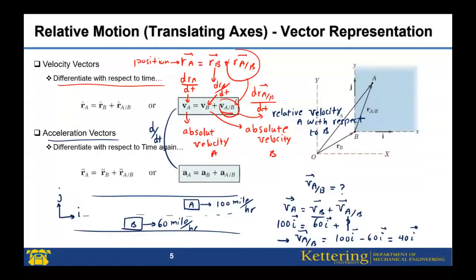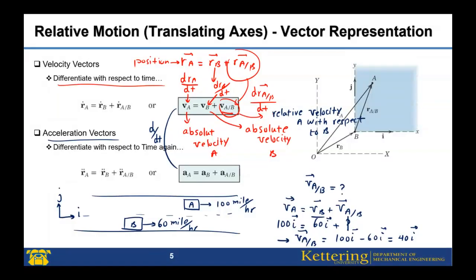The velocity of A with respect to B, as a passenger sitting on this one, is 40 miles more than the velocity of B. Very basic example. This can go to, for example, systems of gears, mechanisms, and very complex ones.